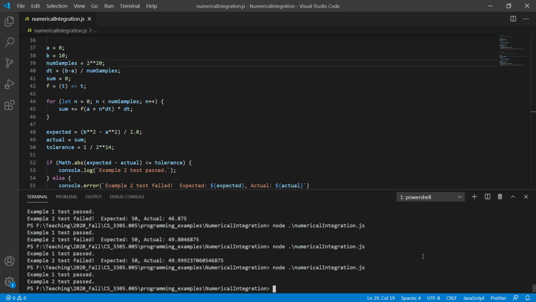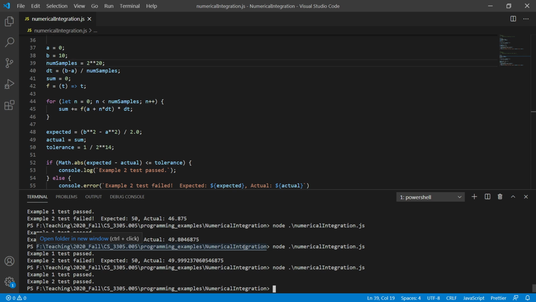And it passed. So what we see there is exactly what we'd expected. The accuracy of our sum increases as the number of our samples gets larger, or alternatively, as the samples that we take are at increasingly closer and closer points.